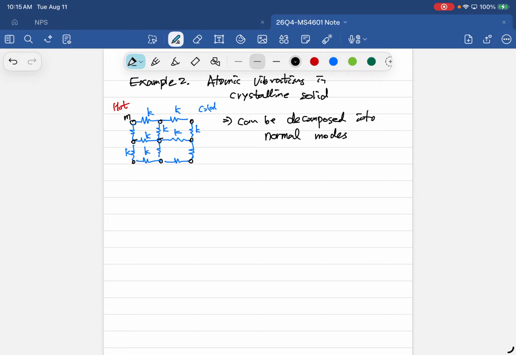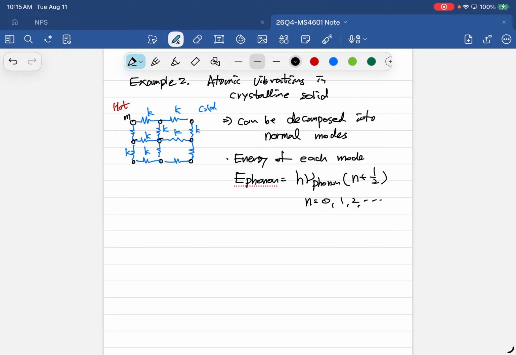So you can decompose it into specific frequencies or normal modes. In this case, the energy of each mode for that crystalline or atomic vibration can be described, again, as h nu (n plus 1/2), where n goes from 0 to 1 to 2, the same idea.